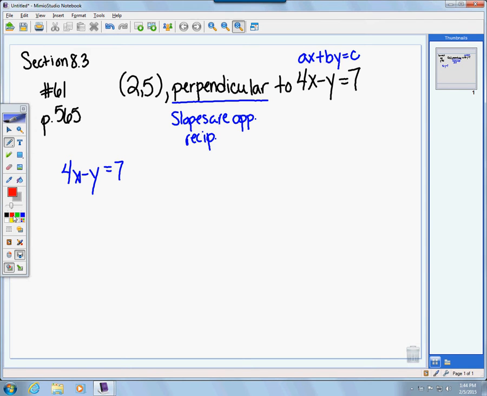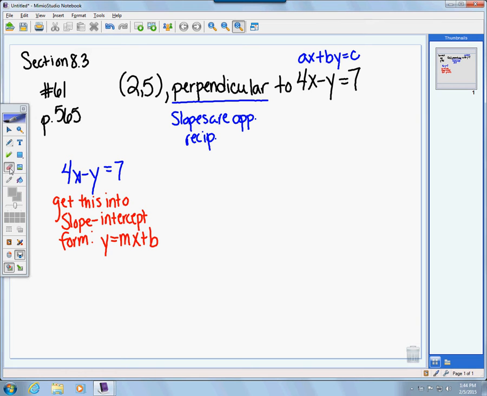The answer would be to get this into slope-intercept form. In other words, we want this in the form y equals mx plus b. So we're going to do a little bit of work here.